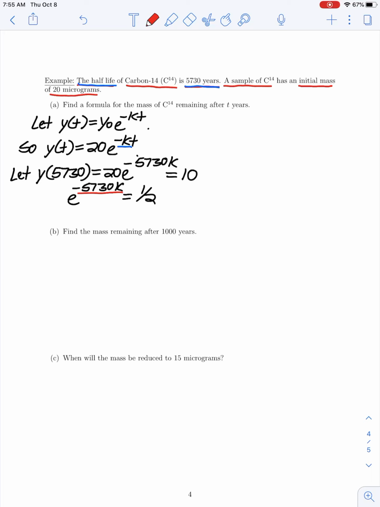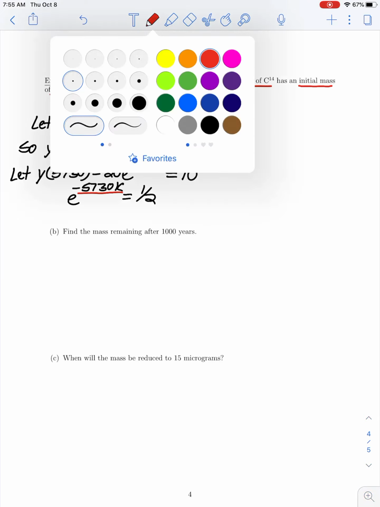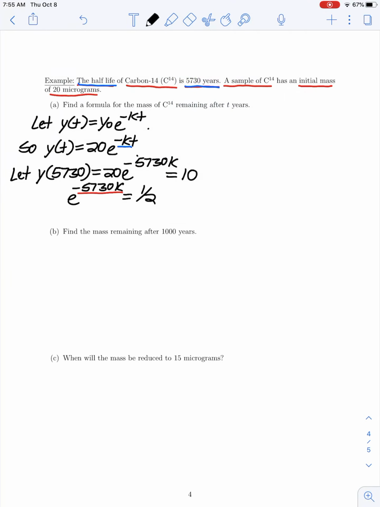So recall that e raised to a negative power is the same as 1 over e raised to that positive power. So if I were to take the reciprocal of both sides of this equation, I would have e raised to the positive 5730k is equal to 2.